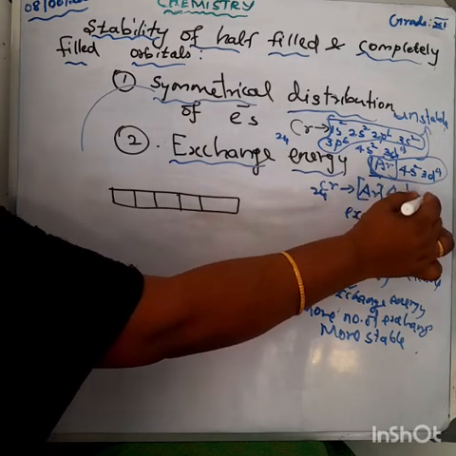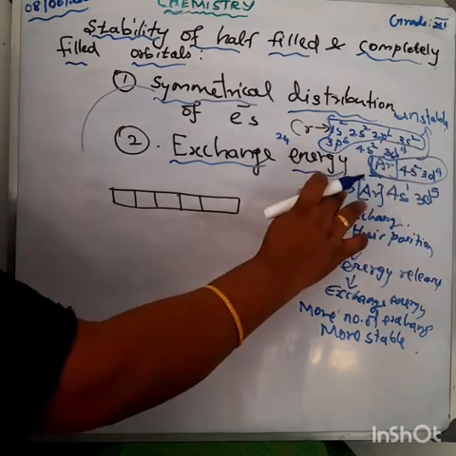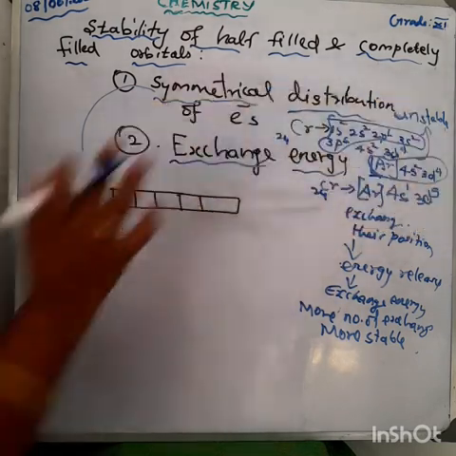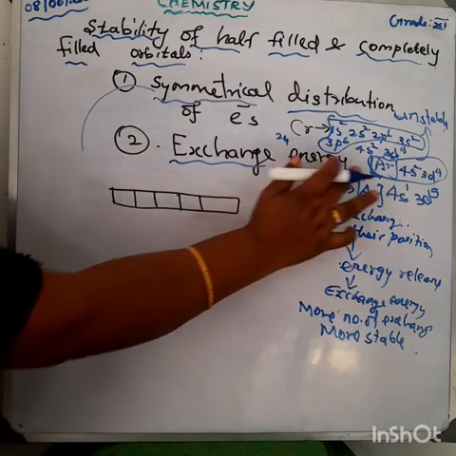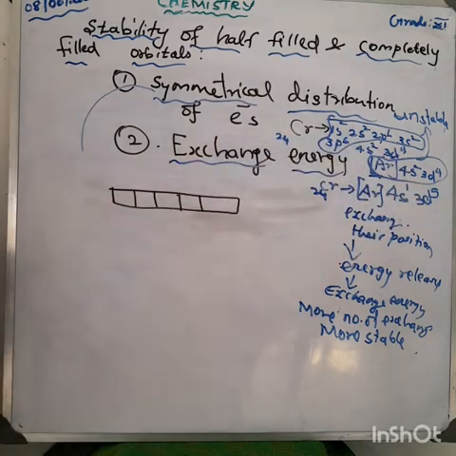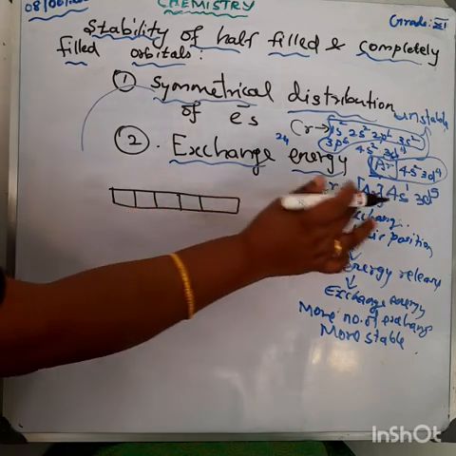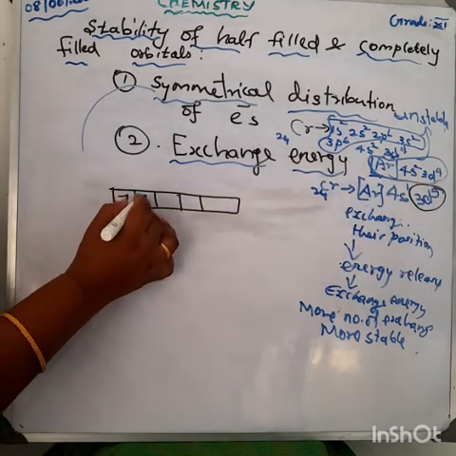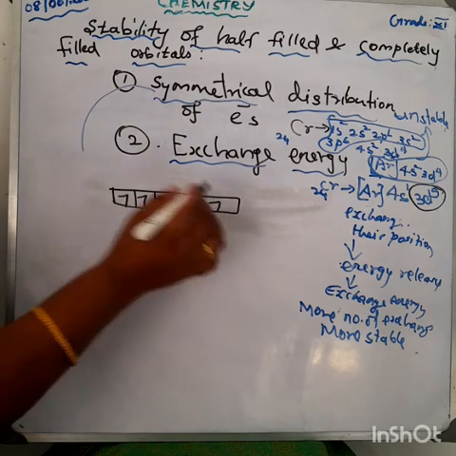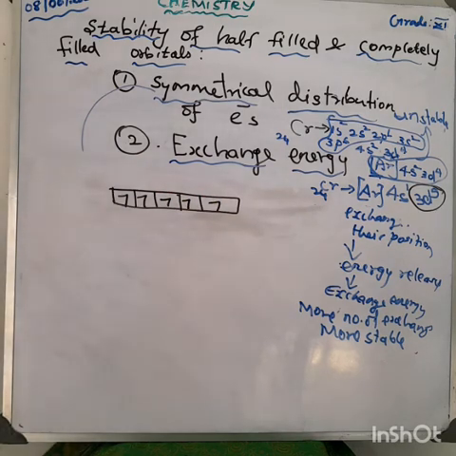In the previous class we studied that one electron from the s orbital goes to the d orbital. Now the chromium atom will be stable. Why is it stable? Now we are going to study. The d orbital has 5 electrons, so it is a stable half-filled configuration.